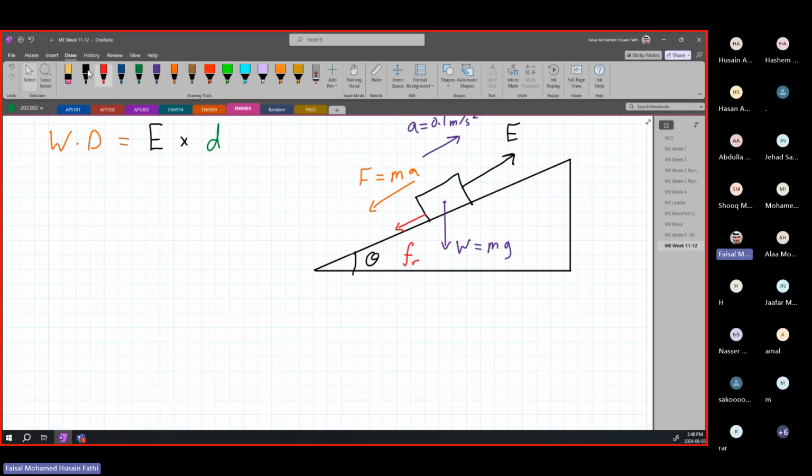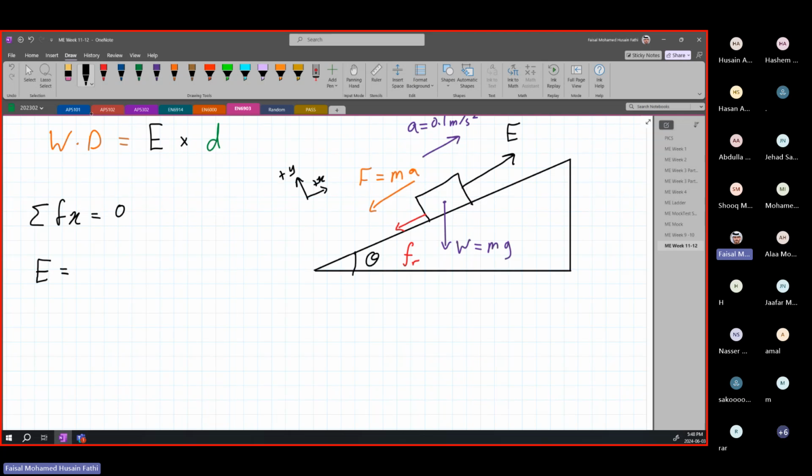If you remember how to do this, we need to find our sigma Fx. We have done this before. Sigma Fx equal 0. Okay? Assuming that this is our x direction and this is y, meaning at an angle. Meaning E is equal, I'm assuming this is positive and this direction is positive.